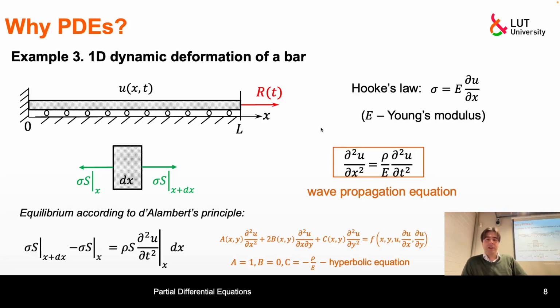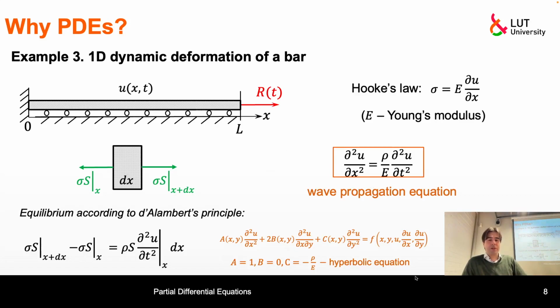We have the second partial derivative with respect to the spatial coordinate, x, and the second partial derivative with respect to time. So the typical solution of this type of equation is called wave propagation, and it describes how displacements propagate along the length of this bar.